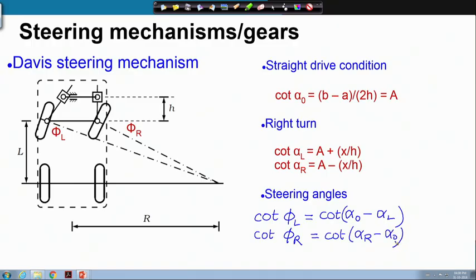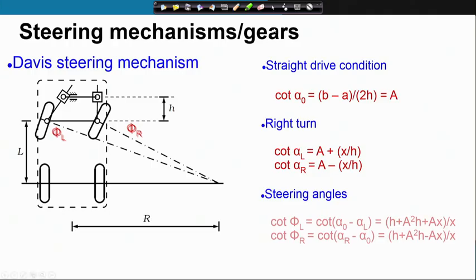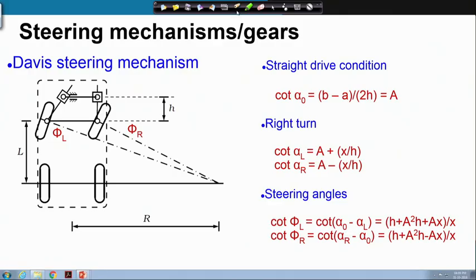Now, using the trigonometric properties, cotangent of alpha naught minus alpha L is 1 plus cotangent alpha naught cotangent alpha L divided by cotangent alpha L minus cotangent alpha naught. So, if you use these properties and finally use these expressions, then cotangent of phi L is obtained here and cotangent of phi R is here.